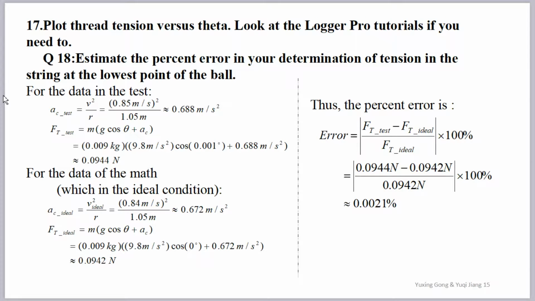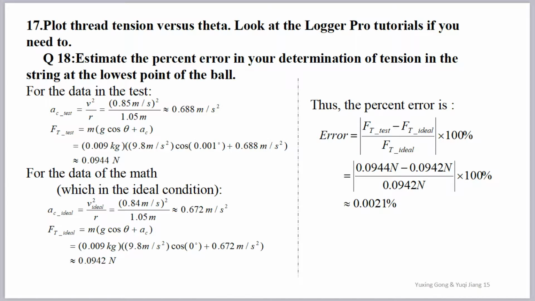And then question 18 is talking about percent error. For percent error, we need to find the data of the mass in the ideal condition. That means it is very exact on that part.